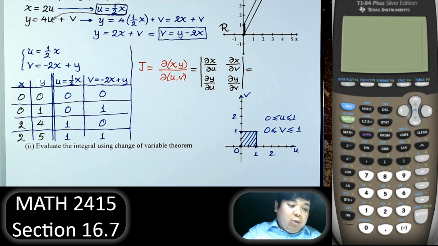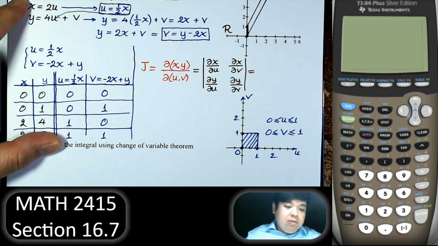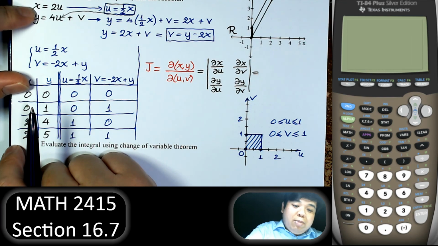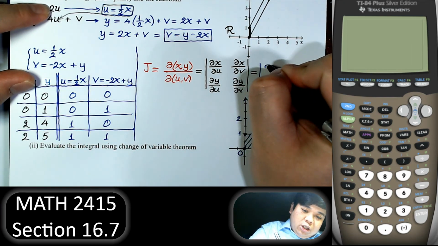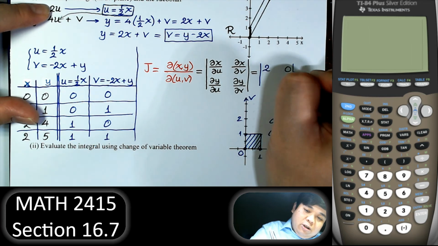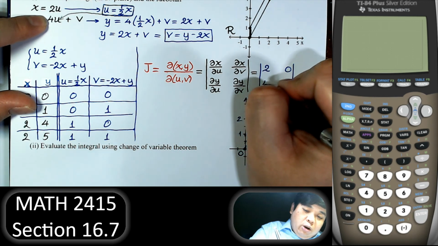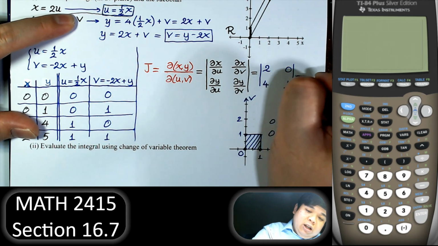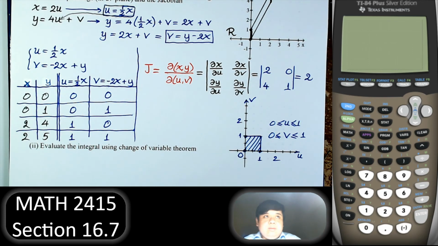We look at xy with respect to u and v. The derivative of x with respect to u is 2, with respect to v is 0. The derivative of y with respect to u is 4, with respect to v is 1, and the determinant equals 2. So the Jacobian is 2.